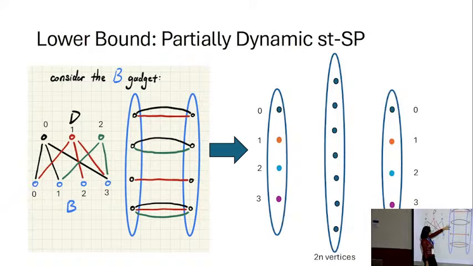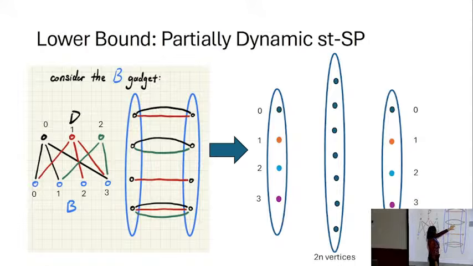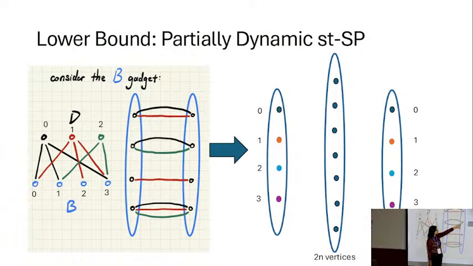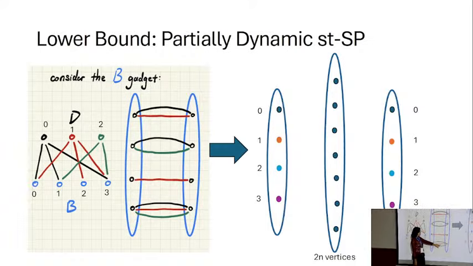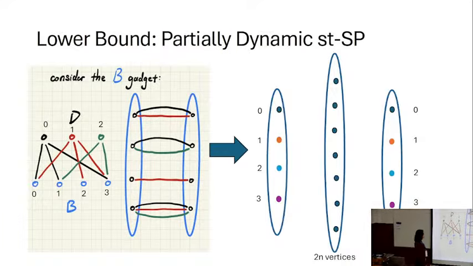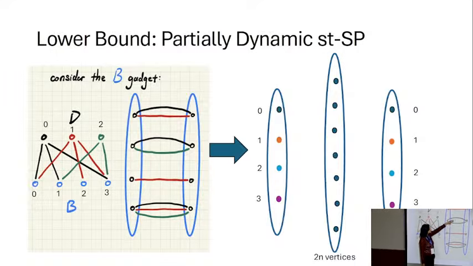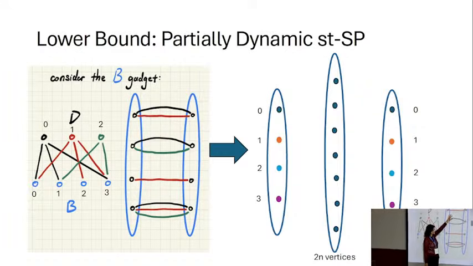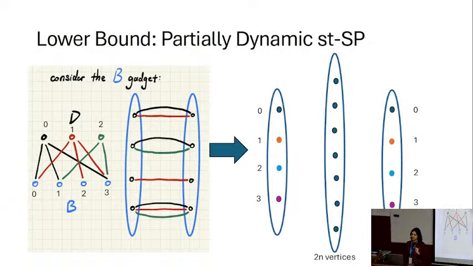First of all you add these edges for this B, so first vertex to first vertex, third vertex to third vertex for D equal to 2. After that you are considering the red edges, so you are adding these red edges. And then finally you are considering the black edges for D equal to 0, and you are adding these black edges. So this is how your B gadget looks in the original construction.